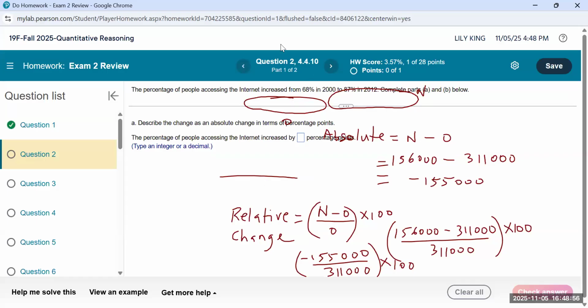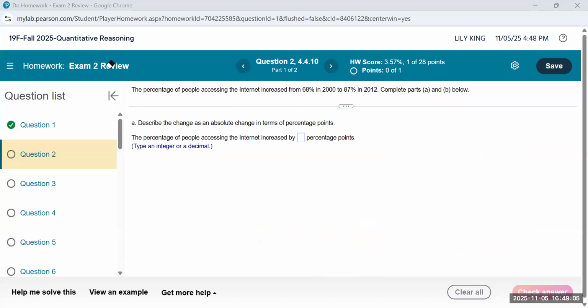Now, for question 2, we are still looking at absolute and relative change. For this problem, the new and the old value are given to us as a percent. So these are changes in percentage points, and we do not have to convert to the decimal. We have to use it as it is. So again, we have a time frame, which is 2000 to 2012.